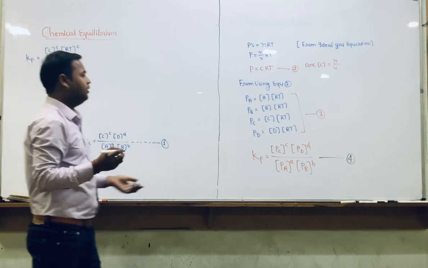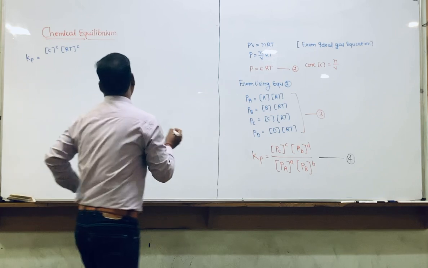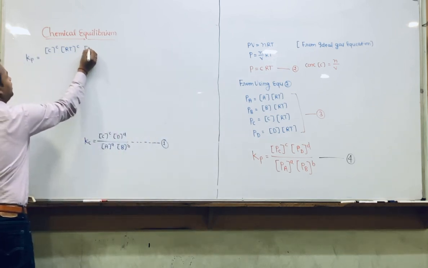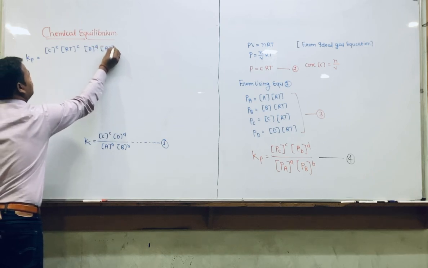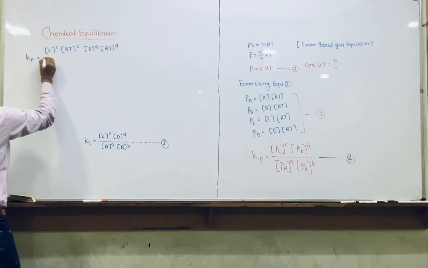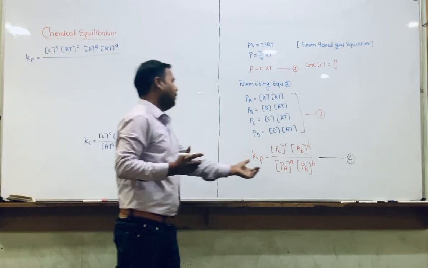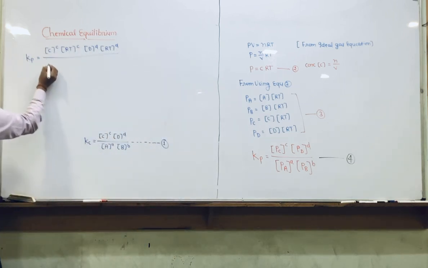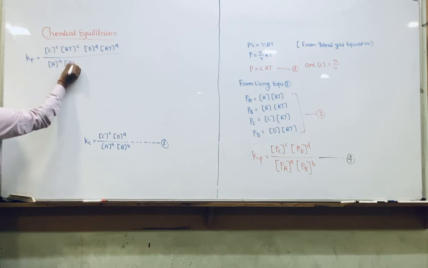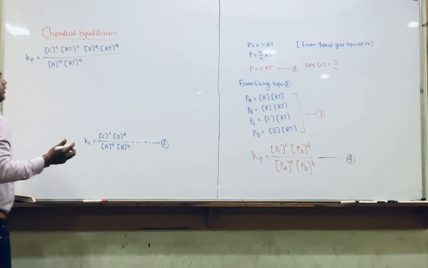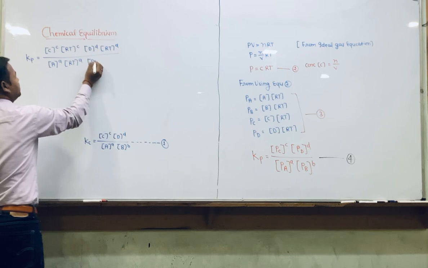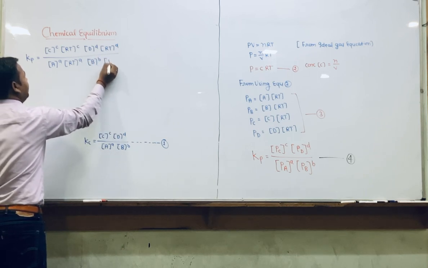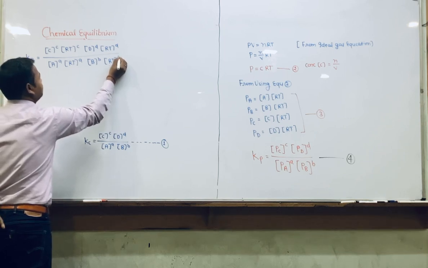Similarly, Pd equal to concentration of D to the power d and RT to the power d. Pa equal to concentration of A to the power a and RT to the power a. And Pb equal to concentration of B to the power b and RT to the power b.